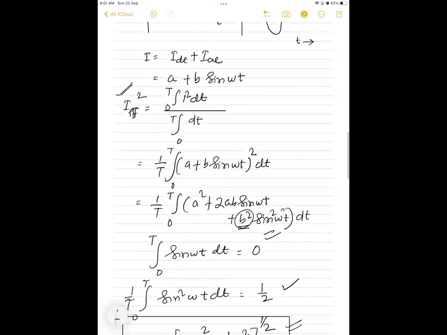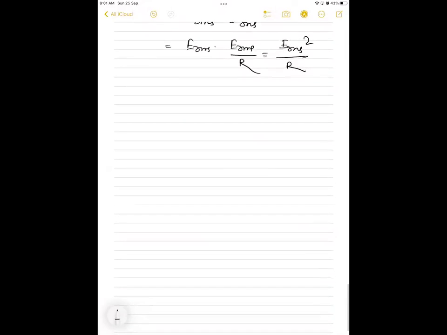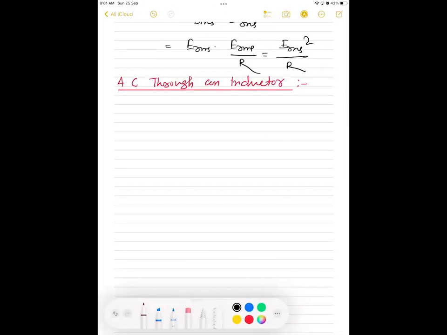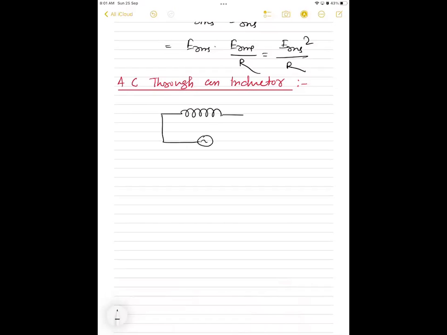Let's see AC through an inductor. हमने प्योर इंडक्टर ले लिए, करेक्ट, उसको ईएमएफ दिए, इसका वैल्यू है L, इसका वैल्यू है E इज इक्वल टू E नॉट साइन ओमेगा टी, करेक्ट?